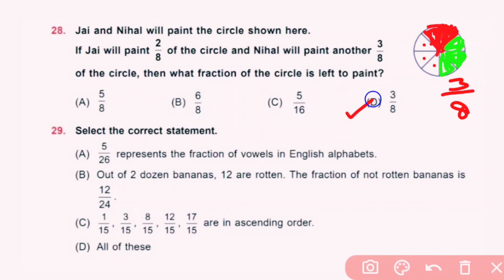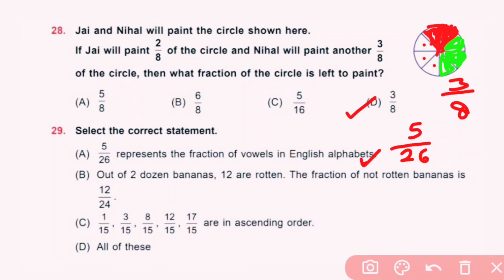Question number 29. Select the correct statement. Option A. 5/26 represent the fraction of vowels in English alphabets. Total there are 26 alphabets, and out of 26, 5 are vowels: A, E, I, O, U. So this statement is correct.